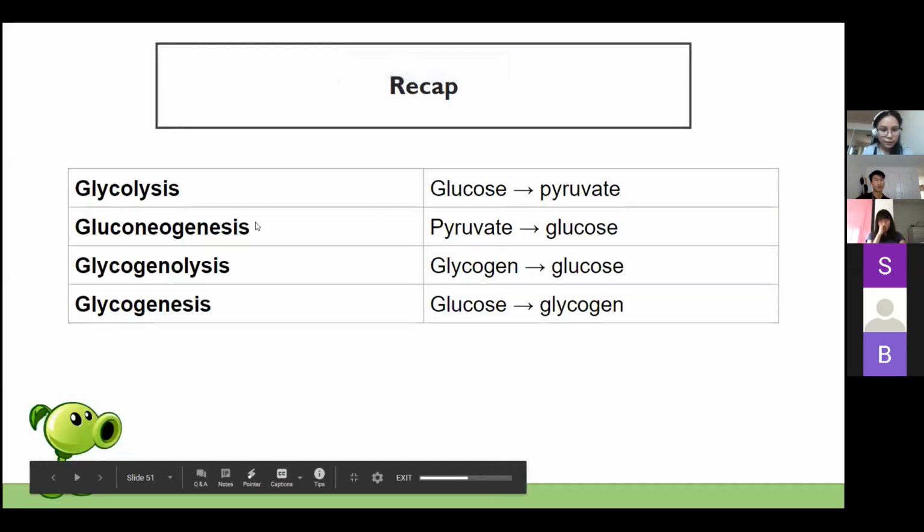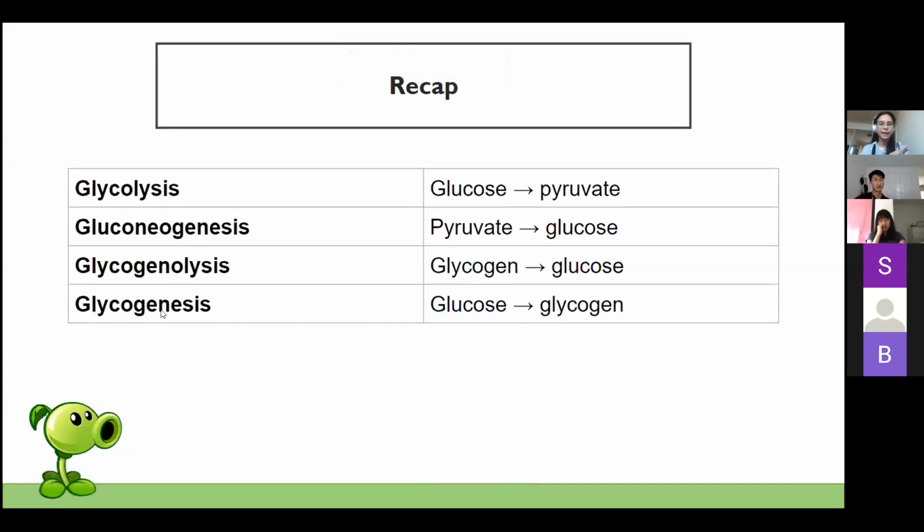Glycogenolysis is the only one that actually means glycogen to glucose. I think glyco should be glycogen and gluco is glucose. Glycogenolysis is breaking down glycogen, and glycogenesis is making glycogen. So the only one that's different is glycolysis. That's what got me confused.